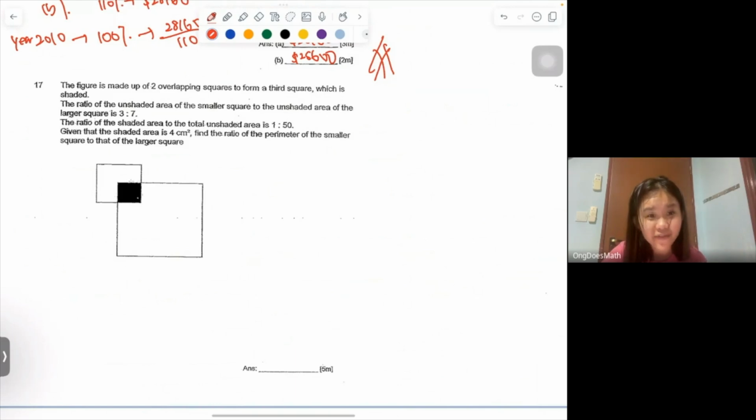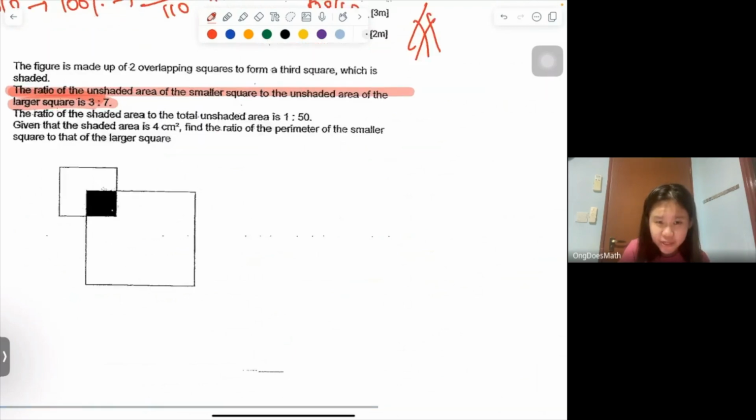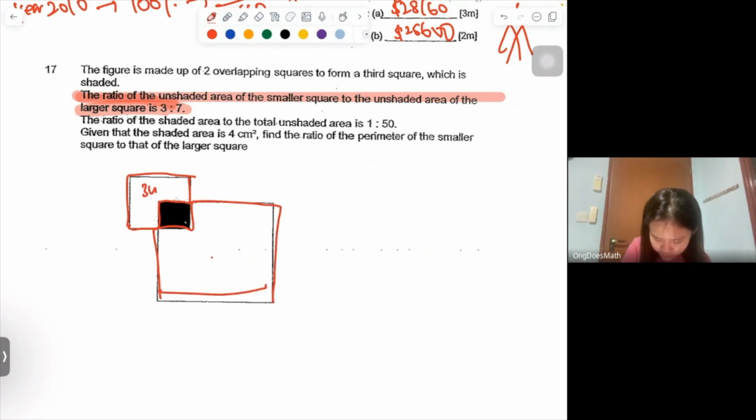Okay, so there's a lot of information right there. I'm going to try to color code things. So we'll go through the second sentence first. This part. So they tell you that area of unshaded smaller square, so this part, to unshaded area of the larger square, this part, is 3:7.